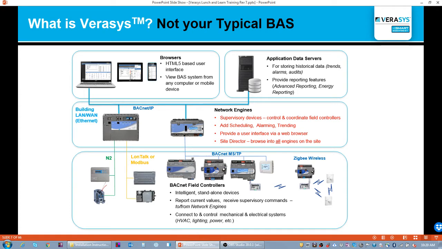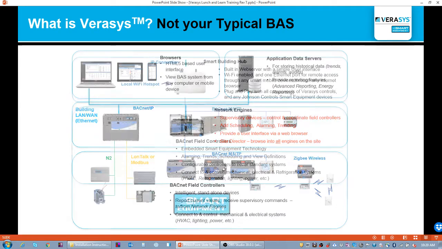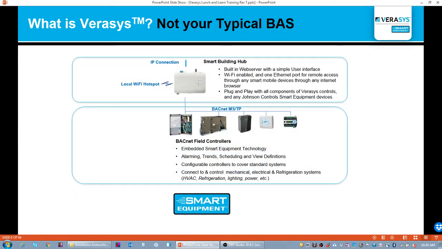With Verasys, it's plug and play. It'll set itself up just by connecting it. Let's talk a little bit about that. With Verasys, we have what we call a smart building hub, and our smart building hub will provide a Wi-Fi hotspot. As you can see, it looks pretty much like your router at home in a sense.